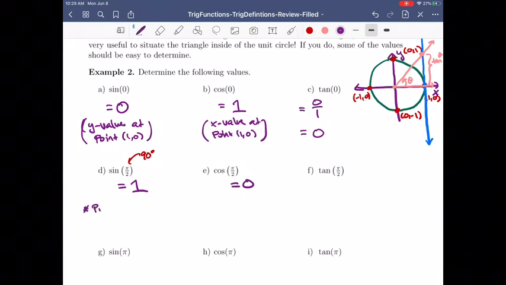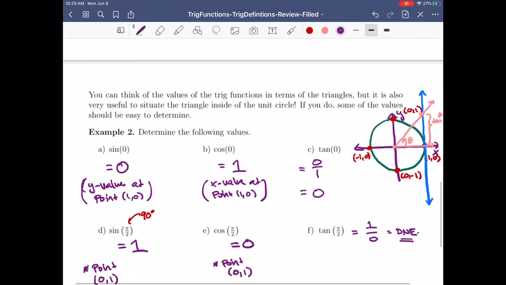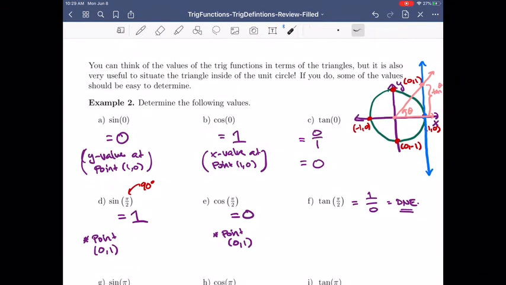Then tangent, again, sine over cosine, so 1 over 0. This does not exist, you can't divide by 0. Another way to convince yourself is with the vertical line: the terminal side is parallel to this line, so it never intersects, and there is no height like that.